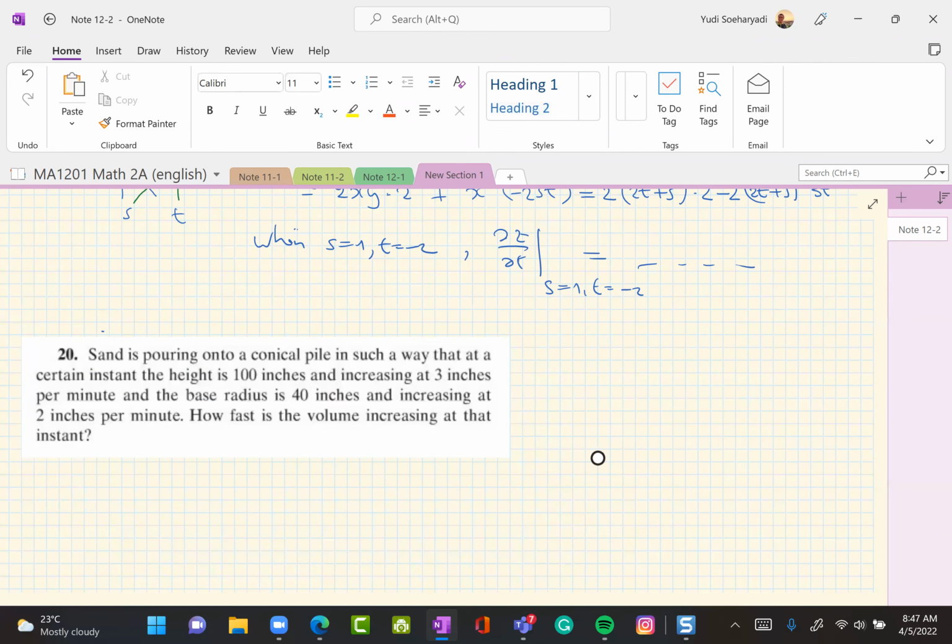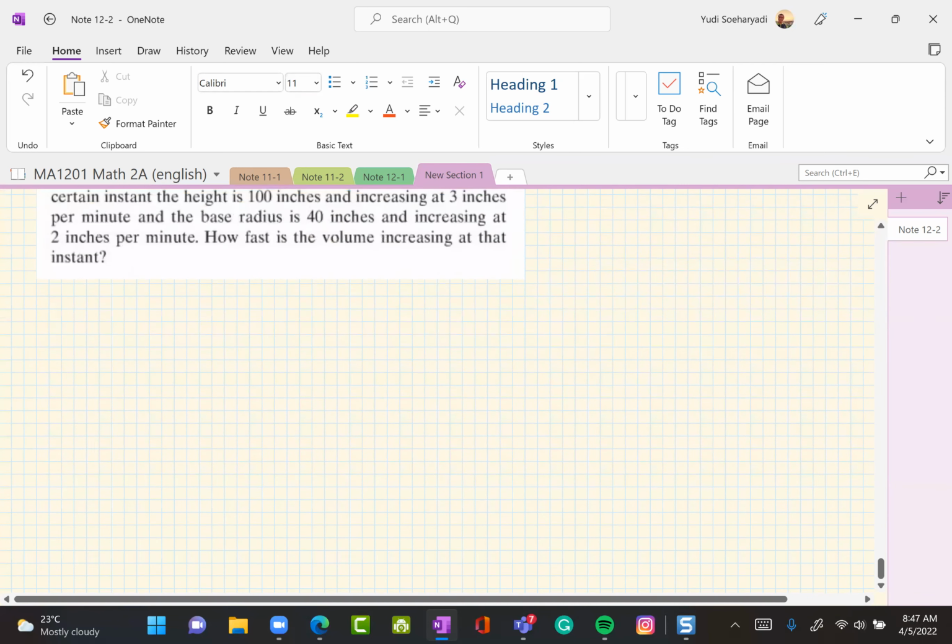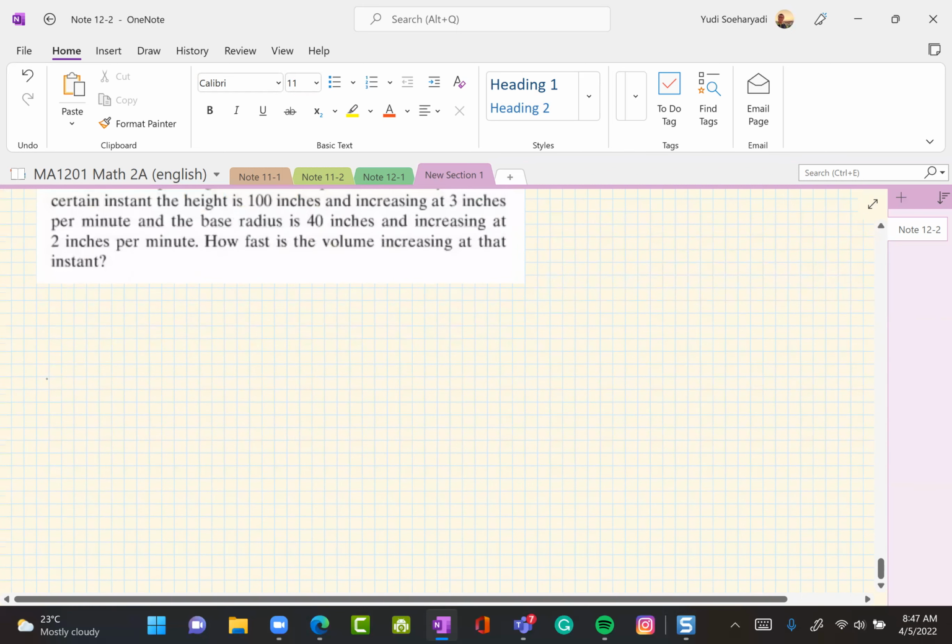Sand is pouring into a conical pile in such a way that at a certain instant the height is 100 and increasing at 3. So this is a pile of sand, pouring sand.